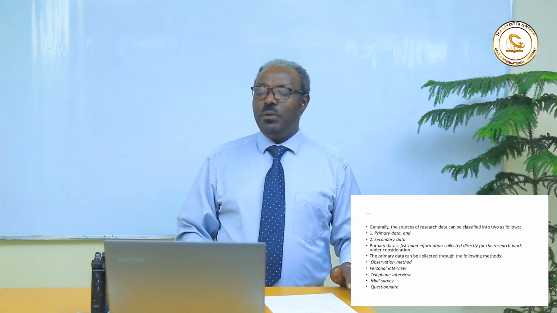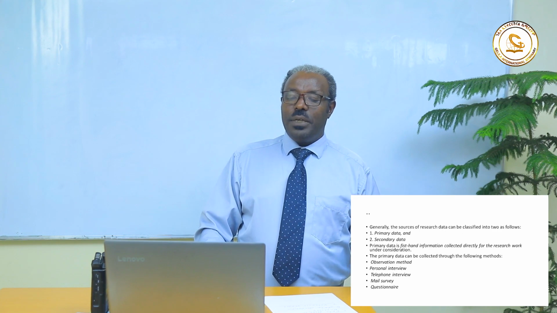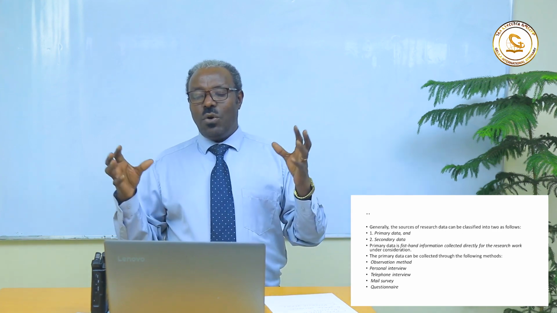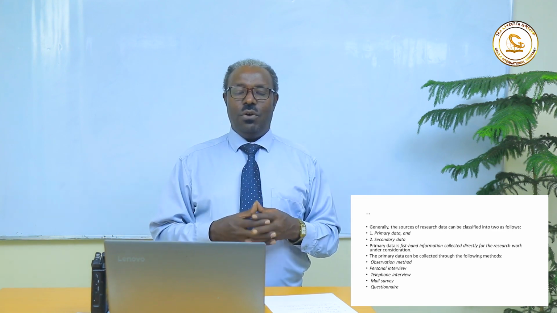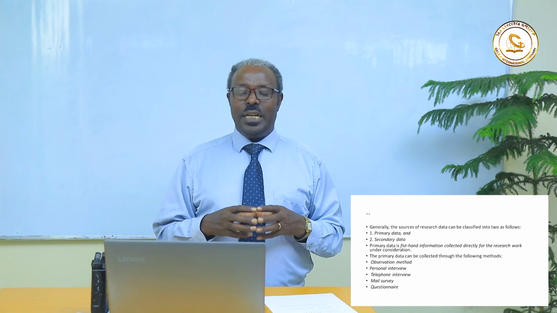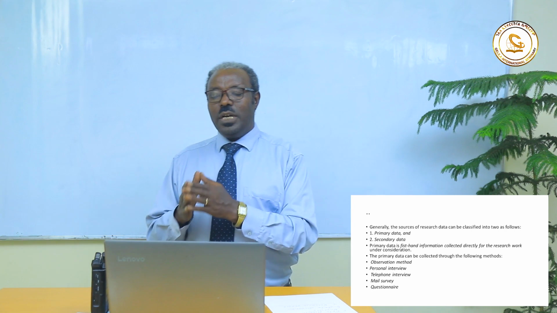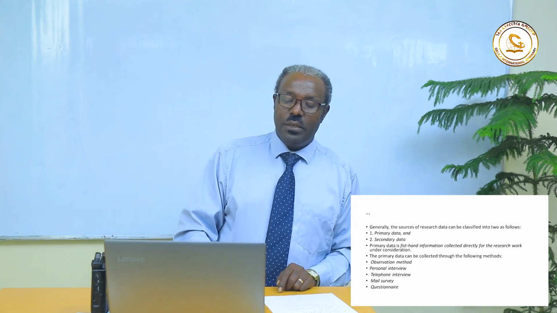There are two types of data: primary data and secondary data. Primary data is first-hand information collected directly from the research area under consideration. Primary data can be collected through the following methods: 1.